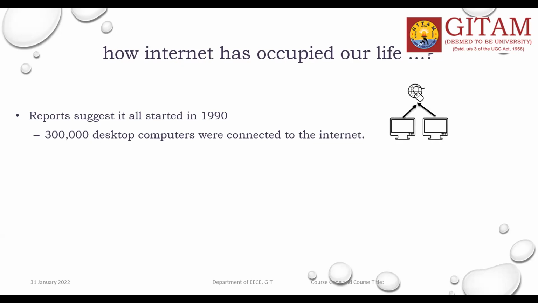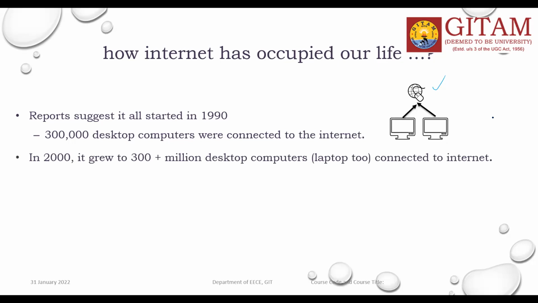Throughout the world, we had only 3 lakh desktop computers connected to the internet. But in 2000, this figure increased to 300 million desktops or laptops connected to the internet. So the count has increased.